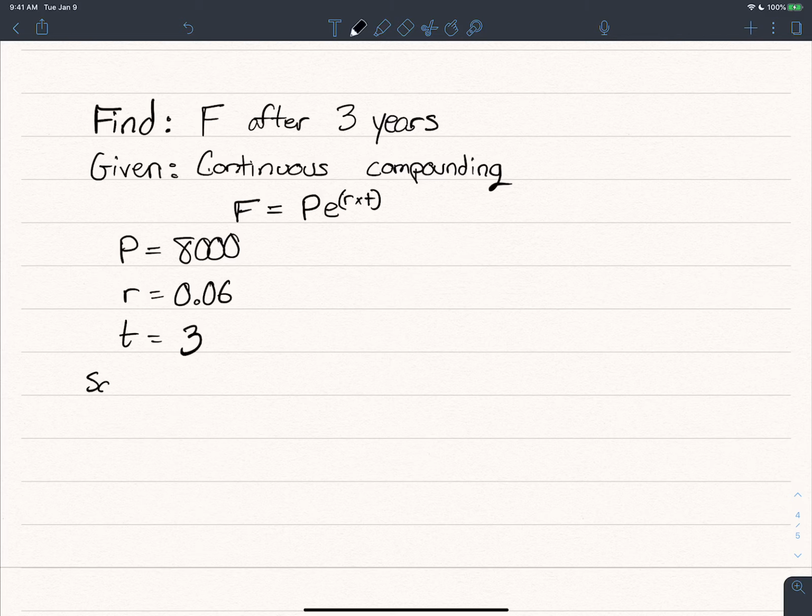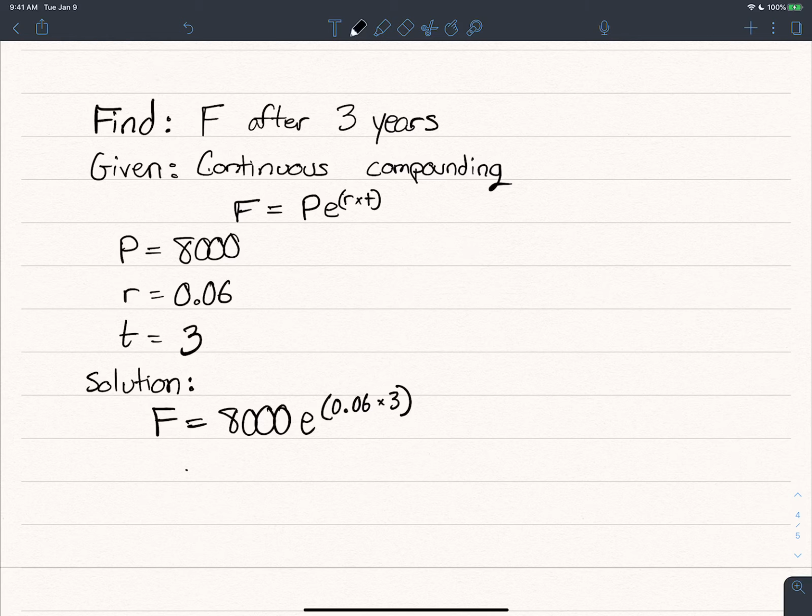We're going to go down here to our solution. And for our solution, we'll plug the numbers in. So we have F, which is the future value we're trying to find, equals 8,000 times E to the 0.06 times 3.